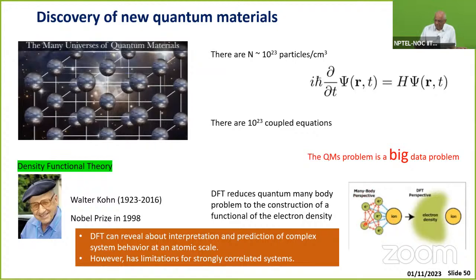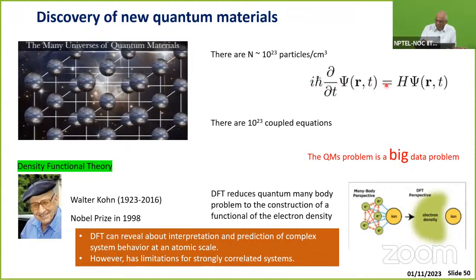This is the many-body perspective. The DFT perspective is it changes this electron ensemble to an electron density by replacing them with some functional potentials. So it can reveal the interpretation and prediction of complex system behavior at the atomic scale. But while it is helpful, DFT has limitations for strongly correlated systems.